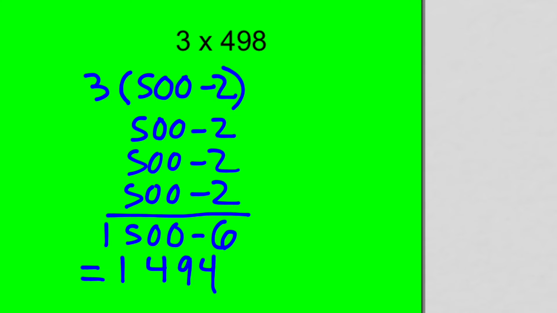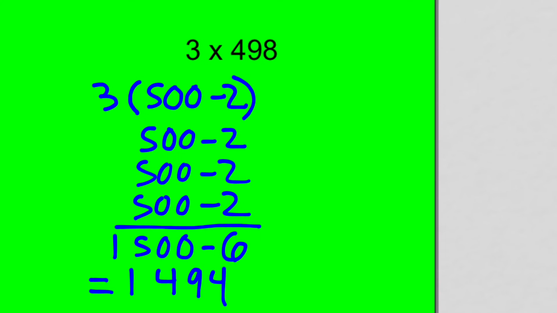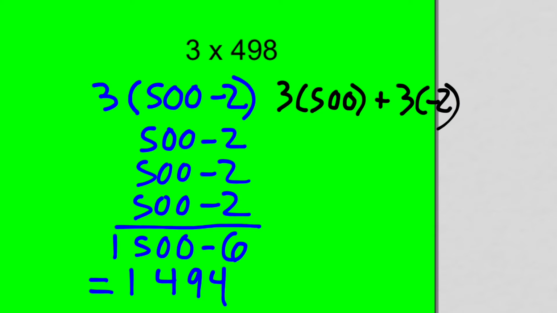Now, really what we're doing is multiplying the 3 by each of the parts of this difference. Another way of saying this is we're doing 3 times 500 plus 3 times negative 2. We're multiplying the 3 times positive 500 and the 3 times negative 2.